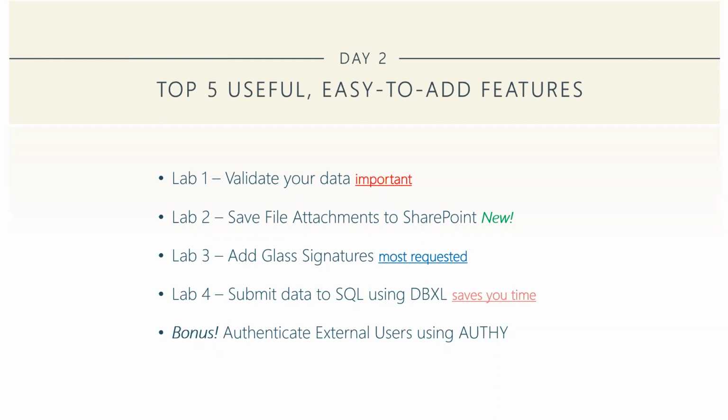But this XTP will save you time, and you just need to tweak a little bit to point the right connections to your own DBXL server, but it will save you time, and most of our clients use this. Some of our clients have a very uniform look for all of their forms, and they add this DBXL XTP as a standard for all of their forms. So yeah, we're doing that for lab 4.